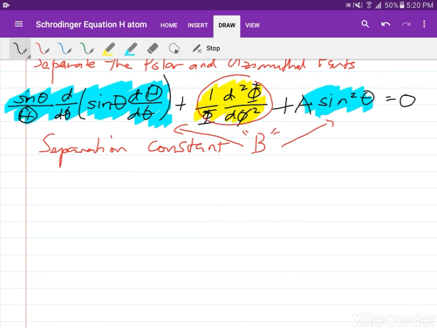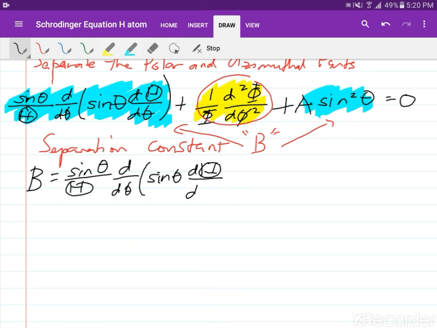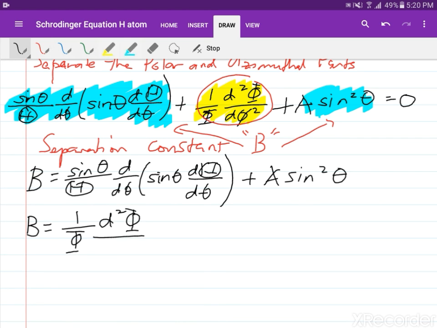So we would have b equals sine theta over d theta plus a sine squared theta, and for the other one we would have b equals 1 over capital Phi d squared Phi over d phi squared.